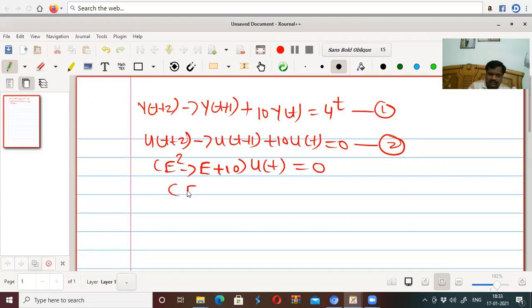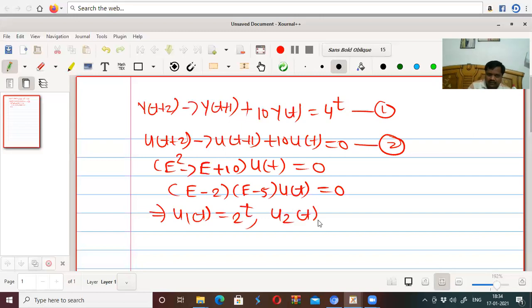That is, E minus 2 into E minus 5 operating on u of t equal to 0. And therefore u1t equal to 2 to the power t, u2t equal to 5 to the power t are linearly independent solutions of equation 2.